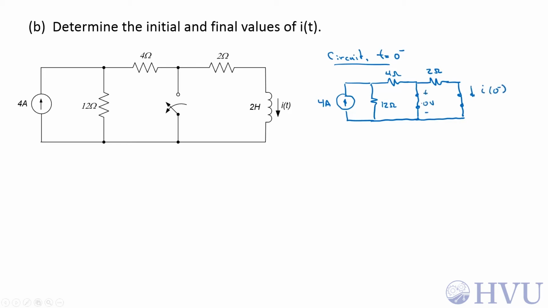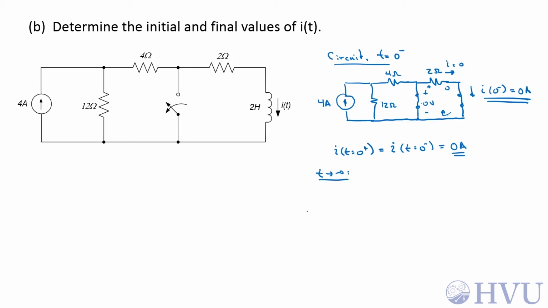There's no voltage across the short circuit, so there's no current through this guy, and I at 0 minus is 0 amps. What we want is the initial condition, I at t equals 0 plus, but that has to be equal to I at t equals 0 minus because currents in inductors can't change instantly, so this is 0 amps. There's my initial condition.